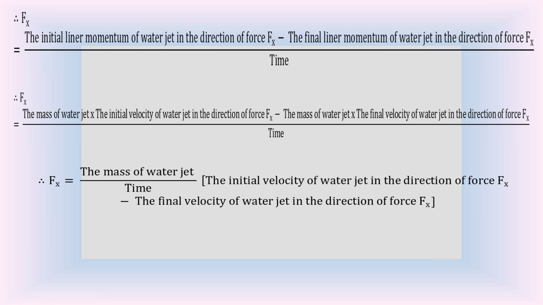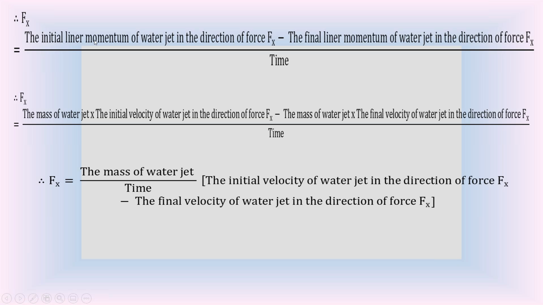We know that linear momentum is equal to mass into velocity. So look at the numerator on the right hand side first. The initial linear momentum of the water jet in the direction of force Fx is mass into velocity.